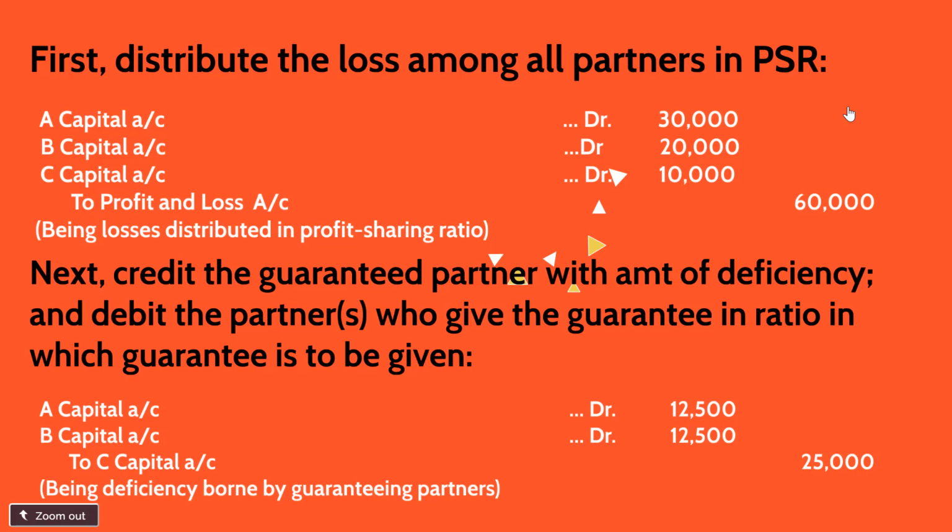The loss of 60,000 is directly transferred to A, B and C from the profit and loss account itself in their profit sharing ratio, which is 3:2:1.